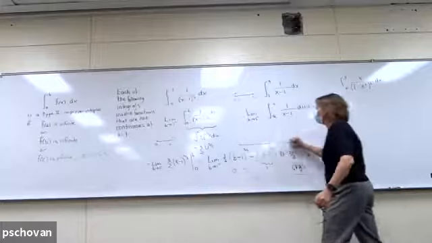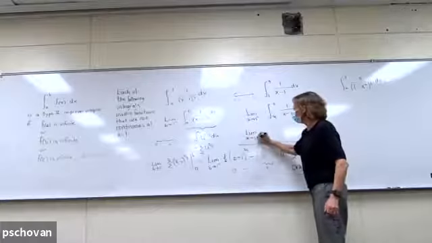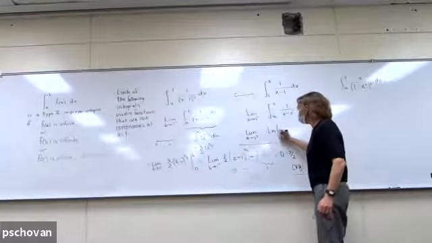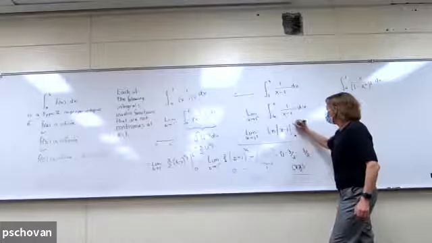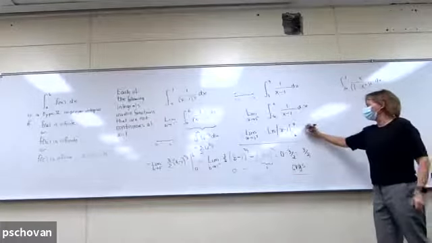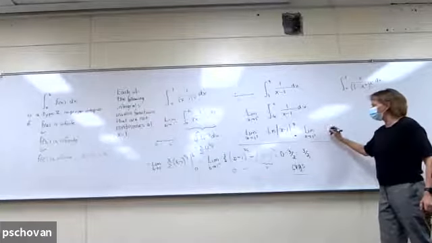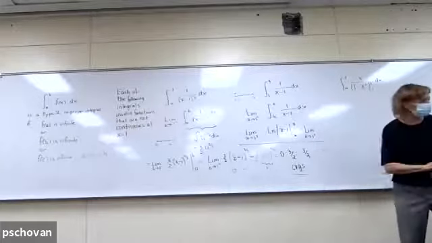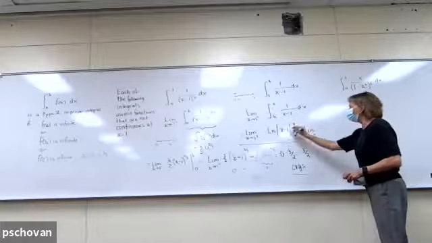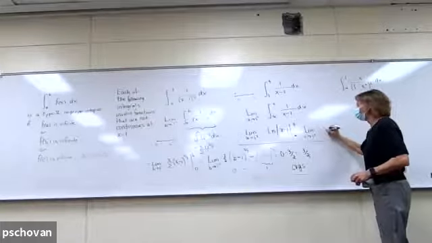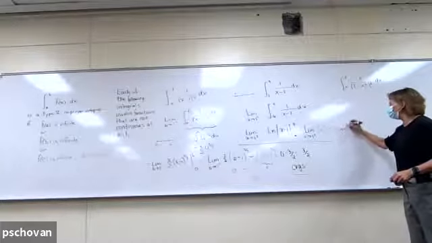So for this integral, we're going to take the limit as a goes to 1 from the right of the natural log of the absolute value of x minus 1 as x varies from 4 to a. When I put a 4 in there, I get the natural log of 3. When I put an a in there, I have the natural log of a minus 1.